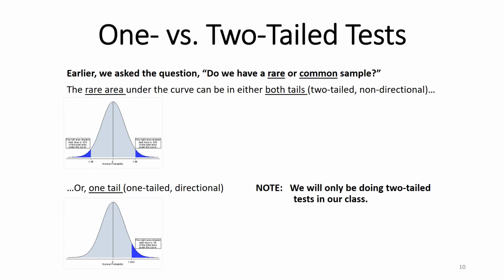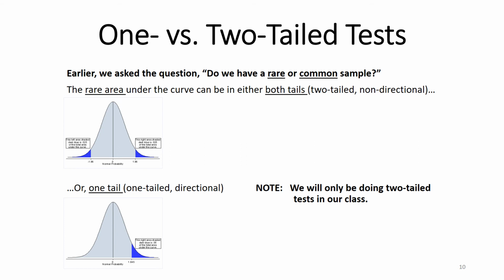Finally, let's talk briefly about one versus two-tailed tests. Throughout this lecture, in your course textbook, as well as if you look at online resources, you're going to find different interpretations of one versus two-tailed tests. Also, one-tailed tests are also known as directional tests or one-sided tests.